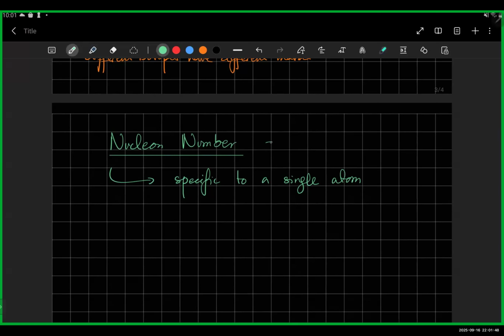What is the nuclear number? It's basically the protons plus the neutrons. Okay, that is what the nuclear number is. And it's always going to be a whole number because you're counting things. So always a whole number.